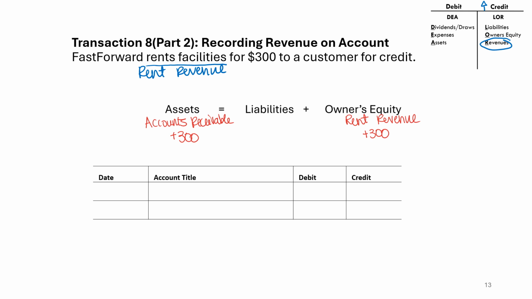So we know that our revenue account will be our credit in the journal entry. So we will credit rent revenue. Accounts receivable is an asset. Assets are increased with a debit. So we will debit accounts receivable for $300.